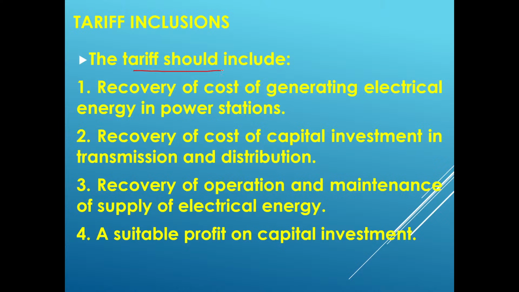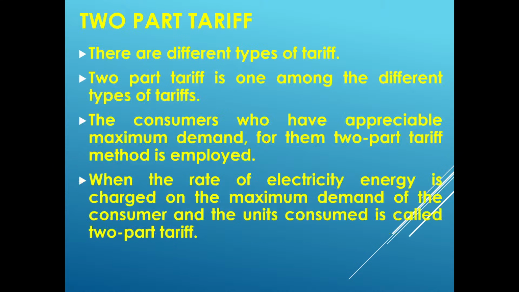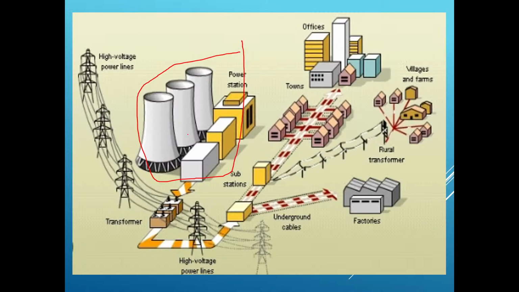So what does this tariff include? The recovery of the cost of generating electrical energy in the power stations, and recovery of the cost of capital investment in transmission and distribution. After generating the electrical energy, it is transmitted.